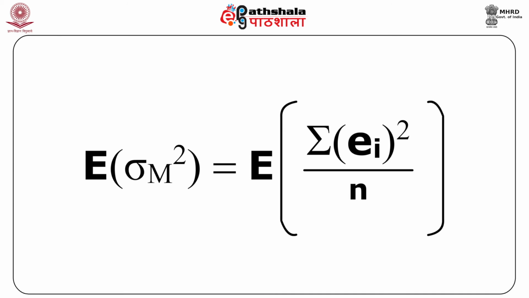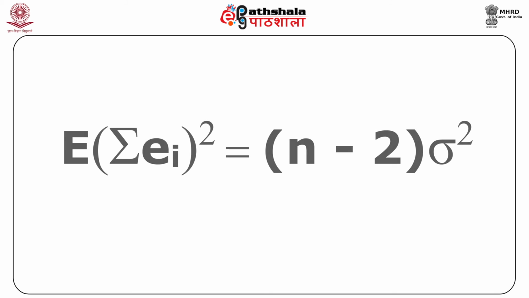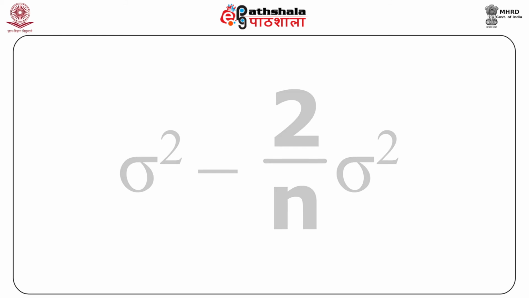Expectation of sigma square m is equal to expectation of summation ei whole square divided by n. Expectation of sigma square m is equal to 1 by n into expectation of summation ei square, which is equal to n minus 2 divided by n into sigma square, as expectation of summation ei square is equal to n minus 2 into sigma square. That is, expectation of sigma square m is equal to sigma square minus 2 by n sigma square.